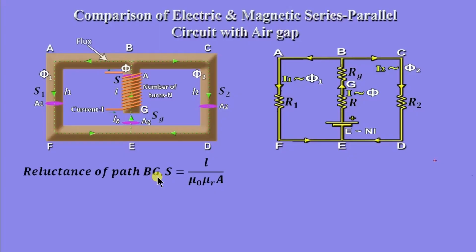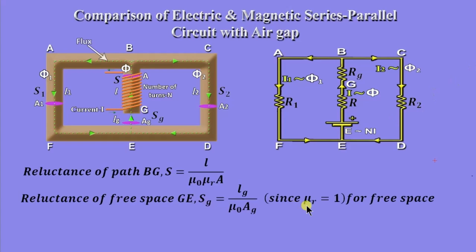So, reluctance of path BG, this path, is S, equal to length L by mu 0 mu r into area of cross section A. Reluctance of path GE is SG, that is equal to length LG of that free space divided by mu 0 AG, since mu r is equal to 1 for free space.